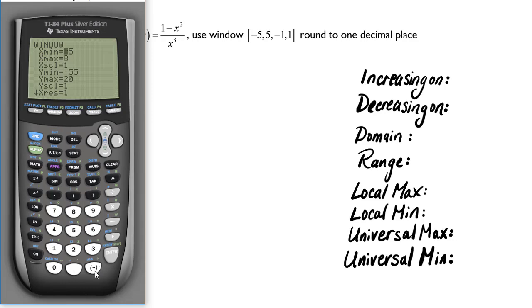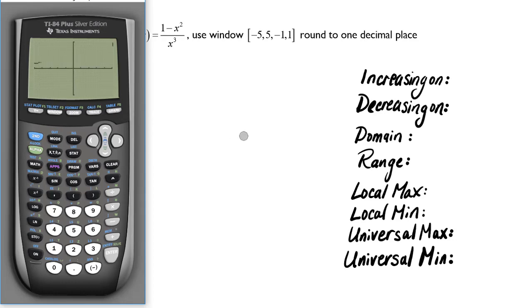Sometimes it will be a default, but we're going to put from -5 to 5 and from -1 to 1. Now remember, these little negative symbols are the negative right here down at the bottom of the screen. This is not the minus sign.